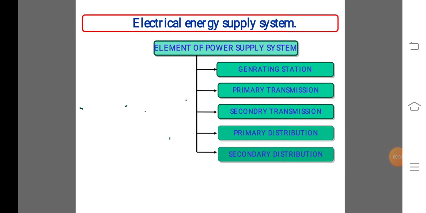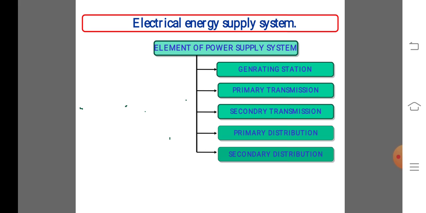Come, let's go into the electrical energy supply system. It contains many different categories on power station with respect to time. That is, elements of power supply system: generating station, primary transmission, secondary transmission, primary distribution, secondary distribution.